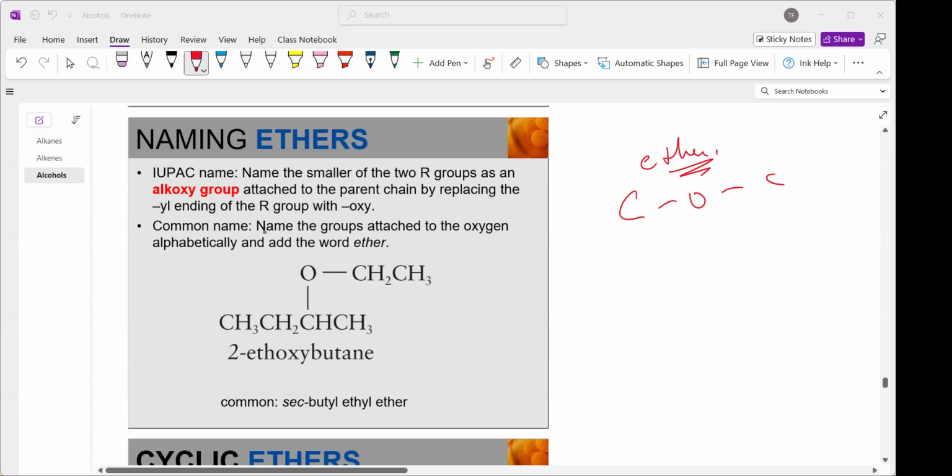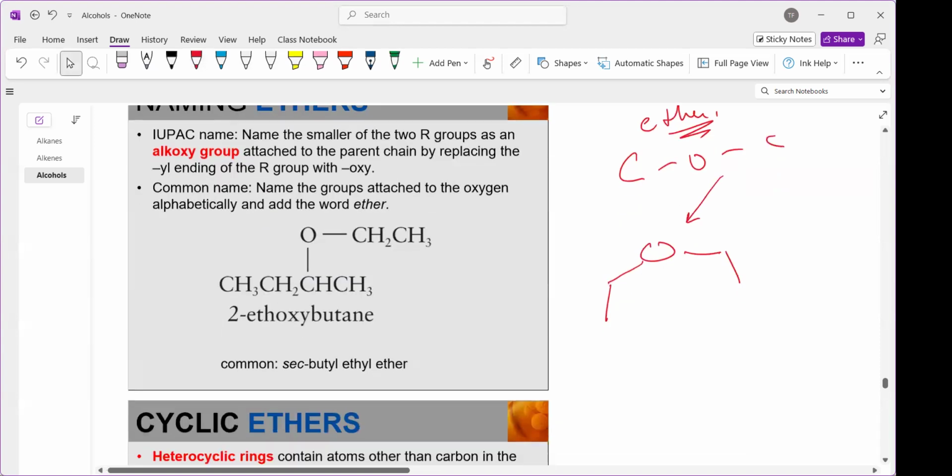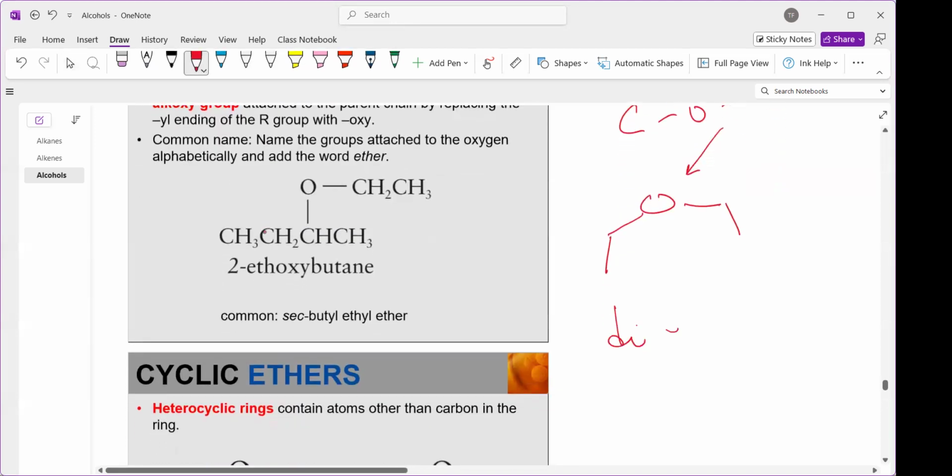Okay, there are two ways to name an ether, the IUPAC way and the common way. Now, here we go, 2 carbons on either side of that oxygen. So it's got a COC. That means it's an ether. So the common way of naming that would be diethyl ether.